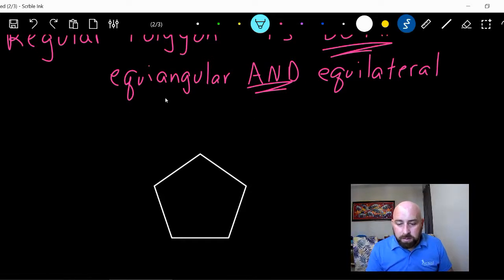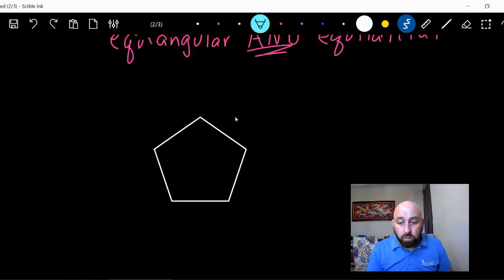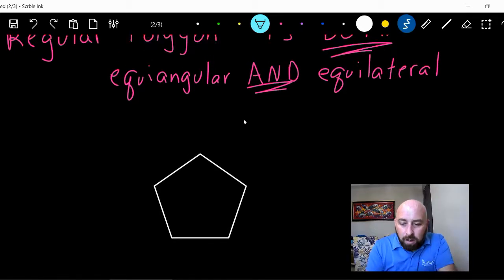Here's what this means. We have a shape, and let's say that all of these angles are, I don't know, what does that look like? I'm just going to throw out a number, and we don't know if it's going to work out.